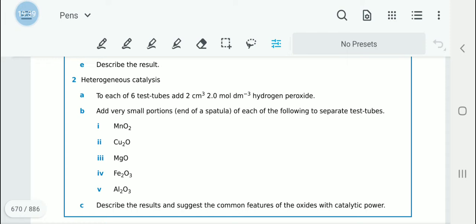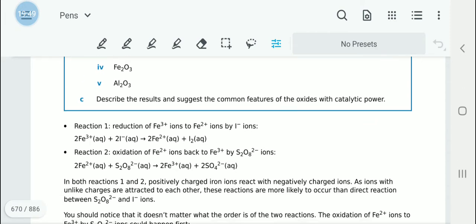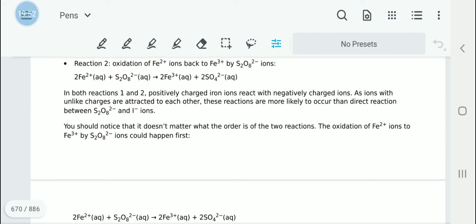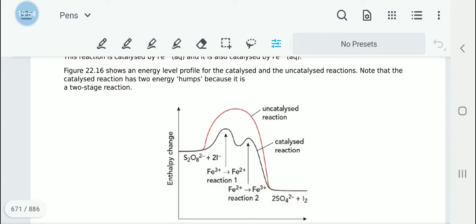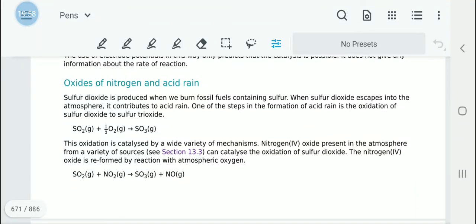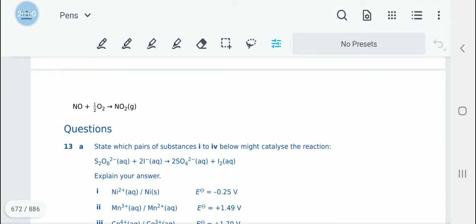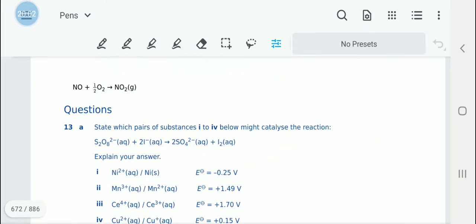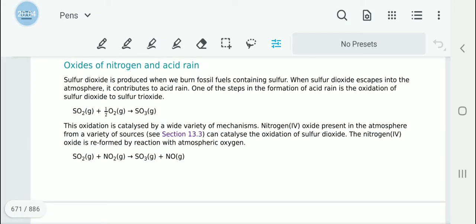So these materials would be added separately to find how they would react. Then you have to compare these to find their catalytic power. So that is something that you need to understand, and when we discuss paper 5, you will be able to understand it better.